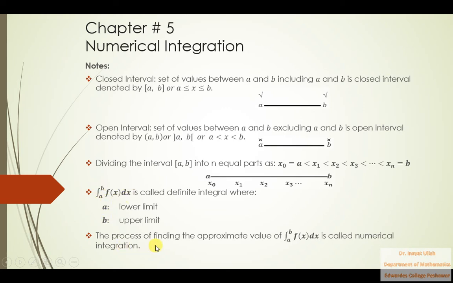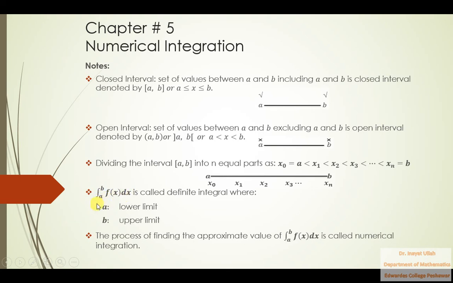So the process of finding the approximate value of this definite integral is actually numerical integration. Remember that in this chapter we will deal with all those calculations which are related to the approximate value of this integral. So how could we find the approximate value of this integral?